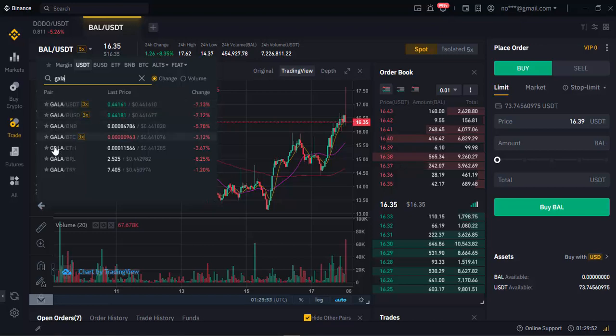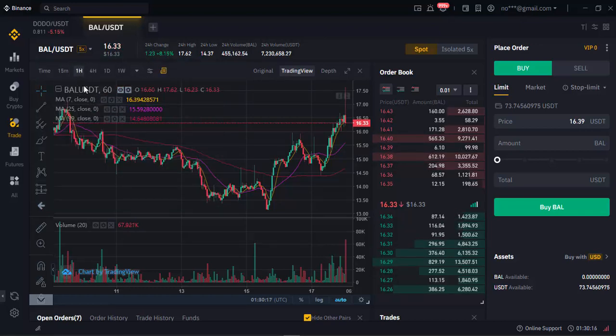As you can see, Gala has different coins you can trade it with: Gala USDT, Gala BUSD, Gala BNB, Gala BTC, Gala ETH, Gala BRL, and Gala TRY. Whichever one you want to trade, you select that. That is where you select different coins to trade.